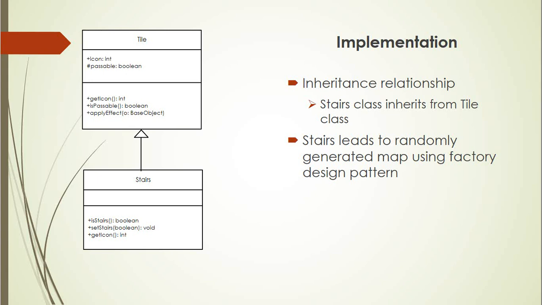In the draw method of the canvas, using the isStairs method from the stairs class, it is checked whether the tile is there or not, and if the tile is there, then the player is moved onto a different floor, generated using the factory design pattern, which will be discussed by another member of my team.